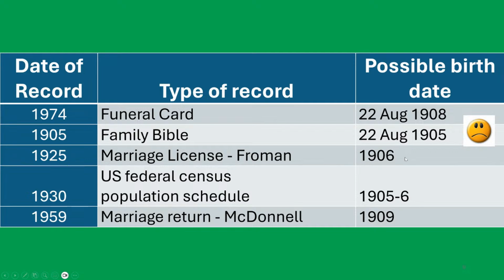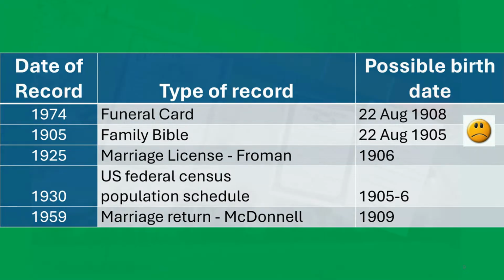So you can explain away that she wanted to be a year older or younger, whatever. Subsequent census records showed it as being problematic. And then on the marriage return, when she married our step-grandpa, Mike McDonald, she said she was born in 1909. So we're really getting messy.